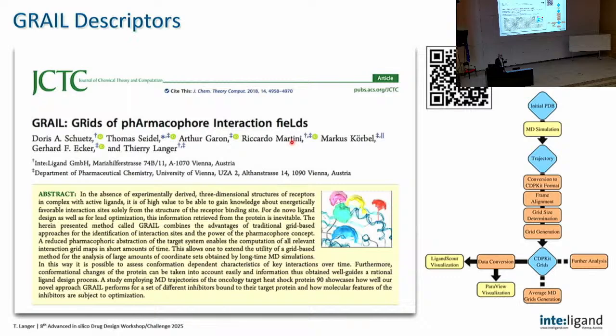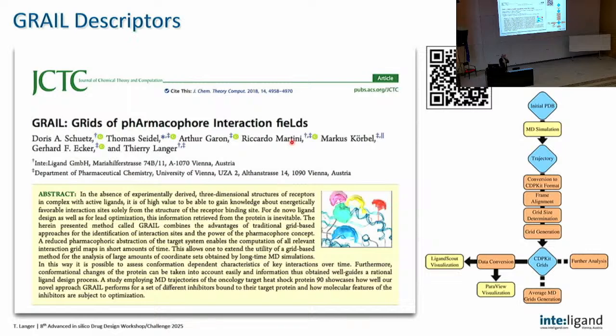For each feature, we have rules: if this point is close to an amino acid that has these features, then the probability of having a pharmacophore there has a certain value. So for each grid point, we have a certain value. And then we can look at all these values and contour regions that have the same kind of feature, for instance, a hydrophobic feature, or an H-bond acceptor, or an H-bond donor.